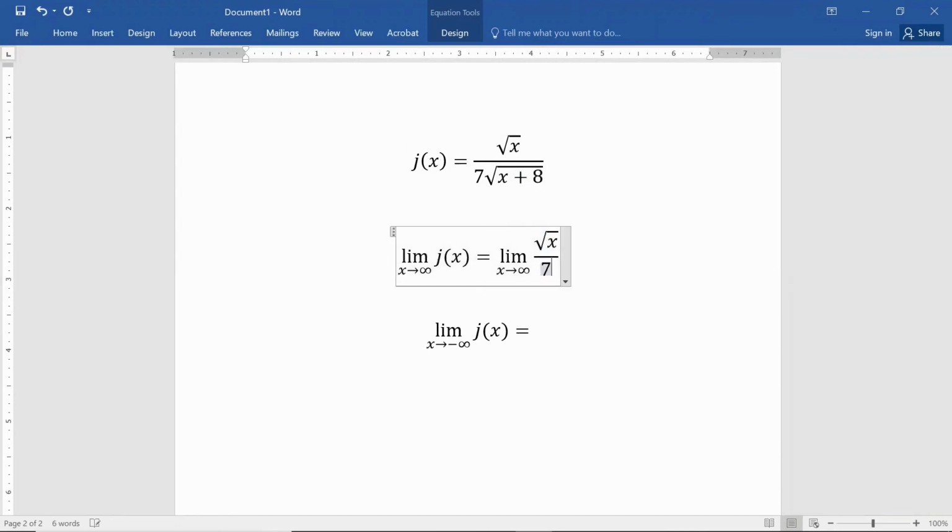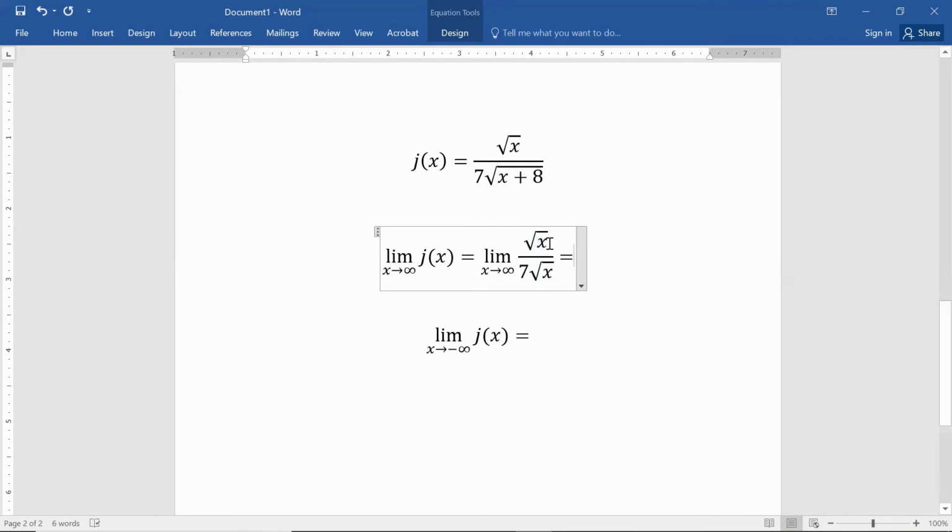So this is going to just be 7 times the square root of x in the denominator. Well, the square root of x and square root of x can be canceled. This is just like having x to the 1/2 power divided by x to the 1/2 power.